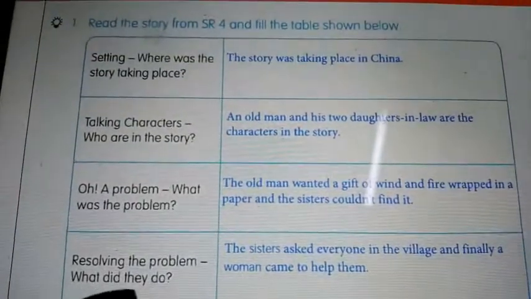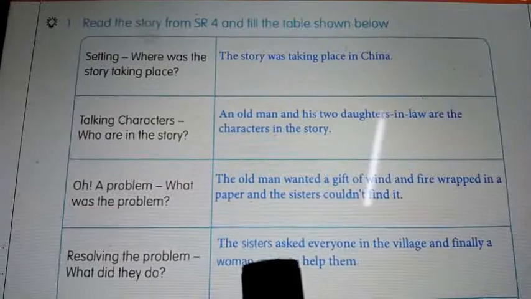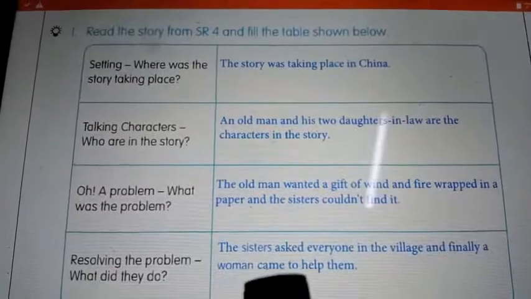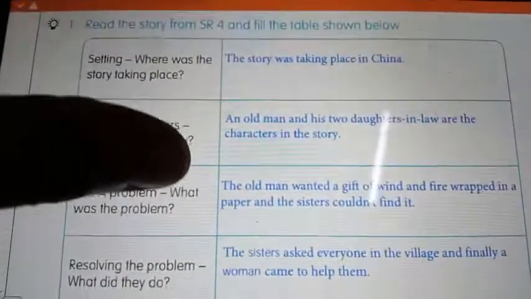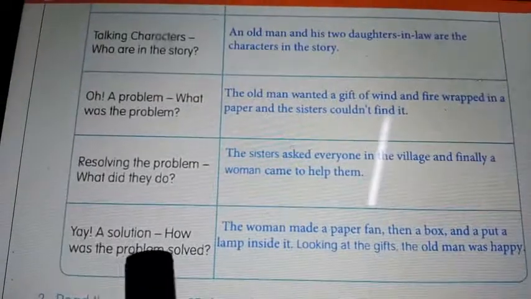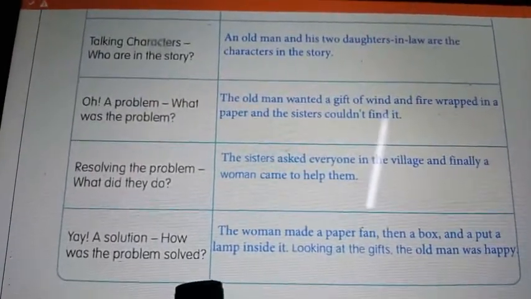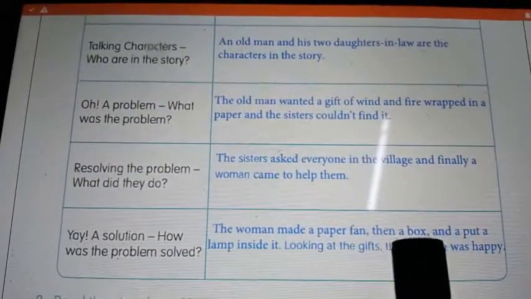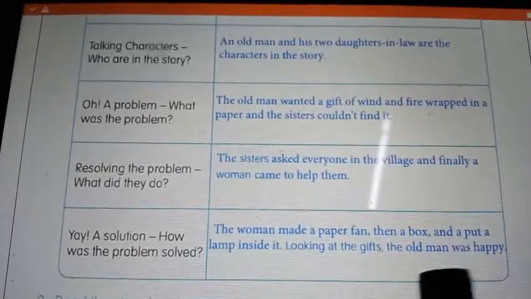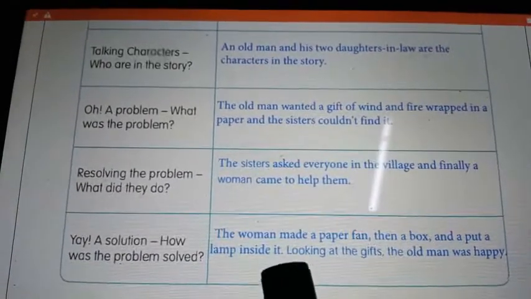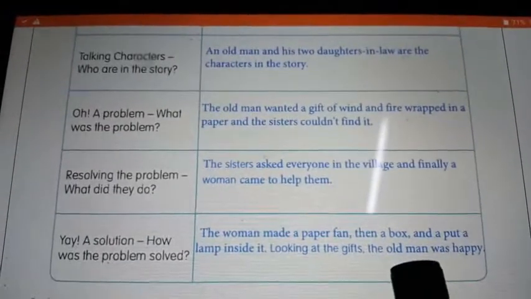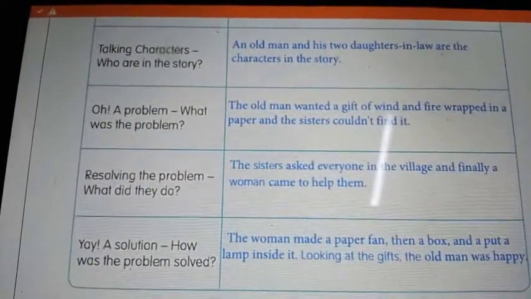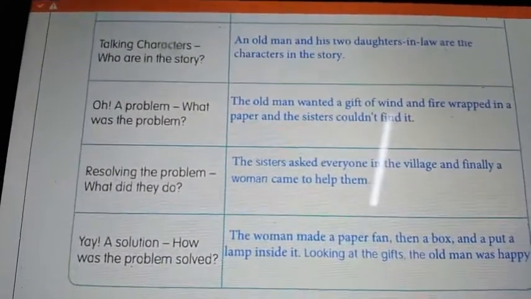Resolving the problem. What did they do? The sisters asked everyone in the village and finally a woman came to help them. Next, a solution. How was the problem solved? The woman made a paper fan, then a paper box, and put a lamp inside it. Looking at the gifts, the old man was happy, right? These are all the answers from worksheet number 2, question number 1, right?